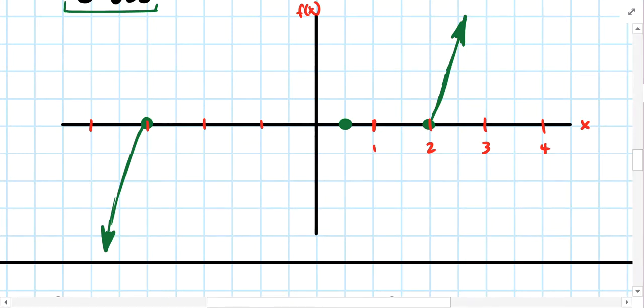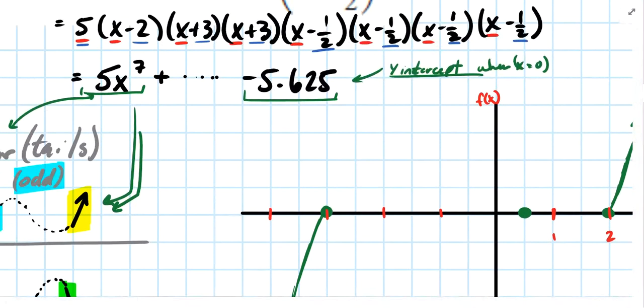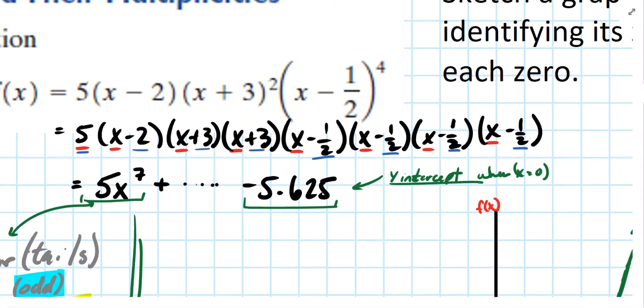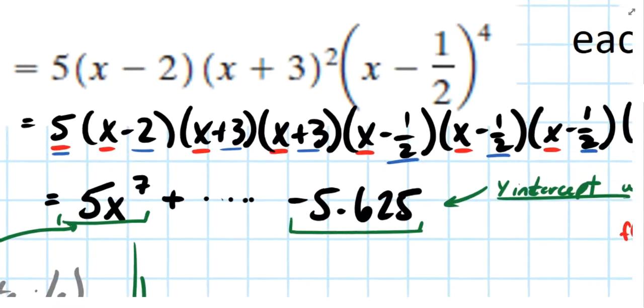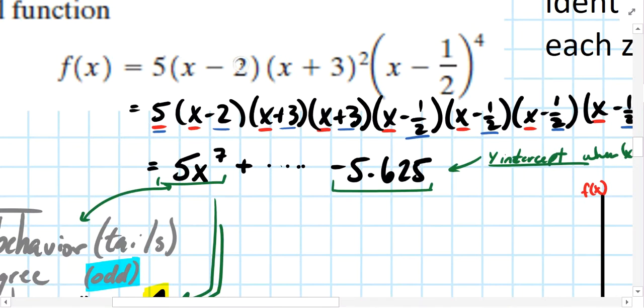Now, a note on multiplicity. This is actually going to give us a better idea of the shape of this graph. You'll notice that this factor, x minus 2, technically has an exponent of 1. And so what we would say is that at the 0 associated with this factor, the graph will behave essentially like a linear function.